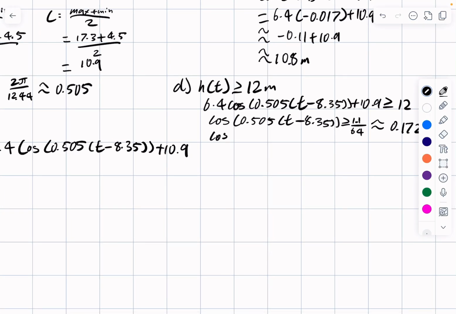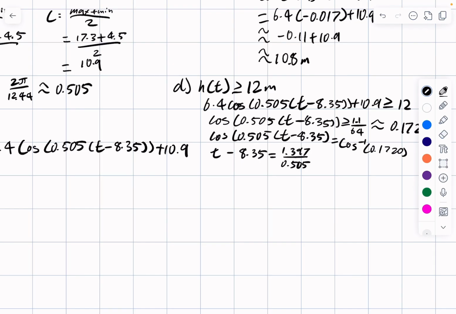And cosine, sorry, the inverse cosine, time minus 8.35 is equal to 1.3, and t approximately equals 11.12.